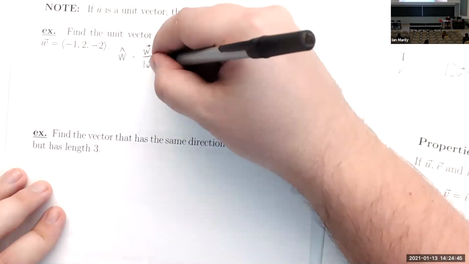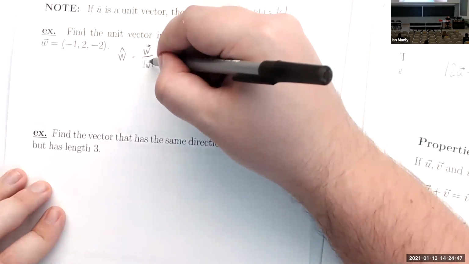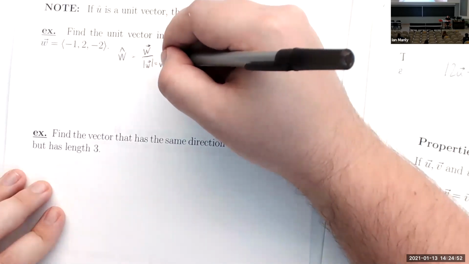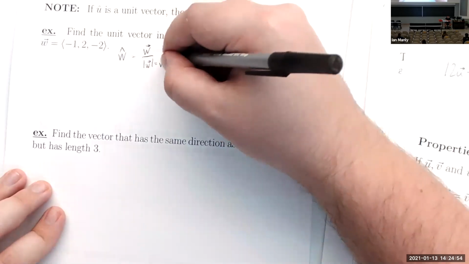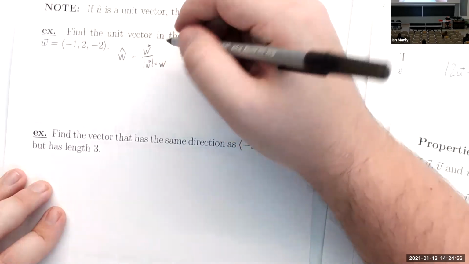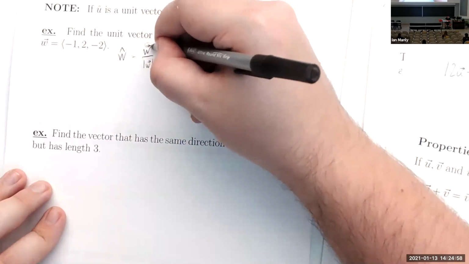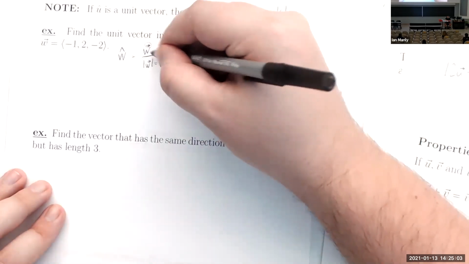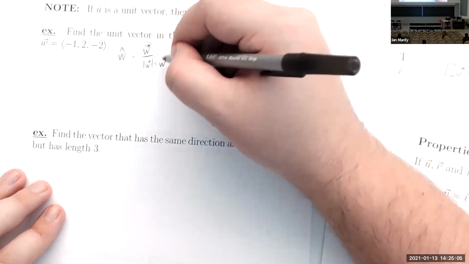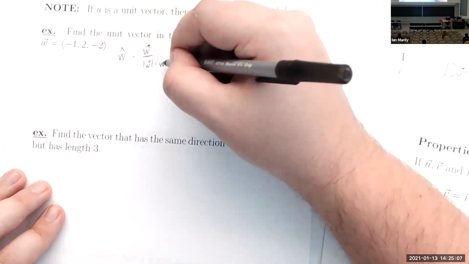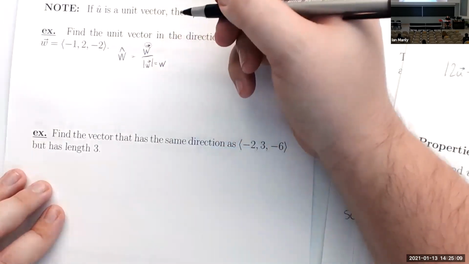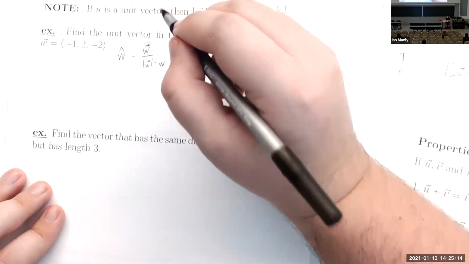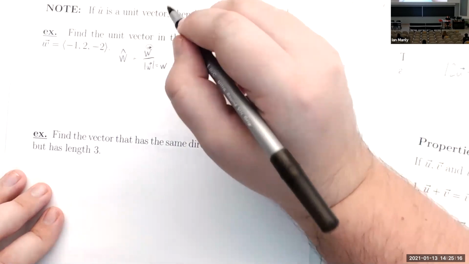Sometimes you'll see people denote the magnitude of a vector as just the symbol for the vector without the arrow above it. This is why it's especially important that you put arrows on all of your vectors, so you won't mix it up with the magnitude, because it's very common notation to just write the letter without the arrow to mean the magnitude. So when you are writing the vector, like in this case, you need to put the arrow every single time right here.